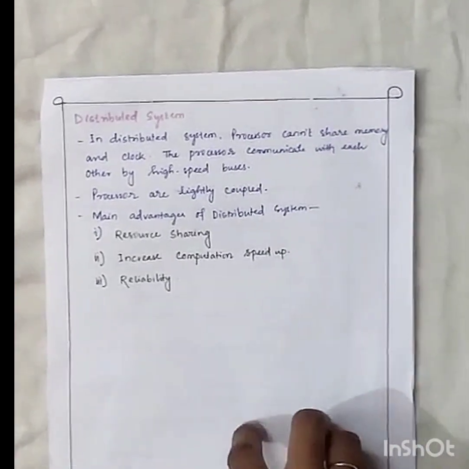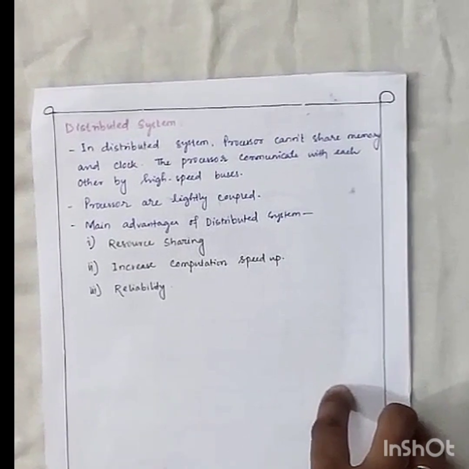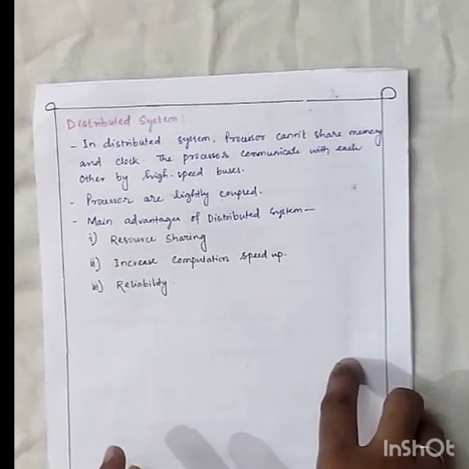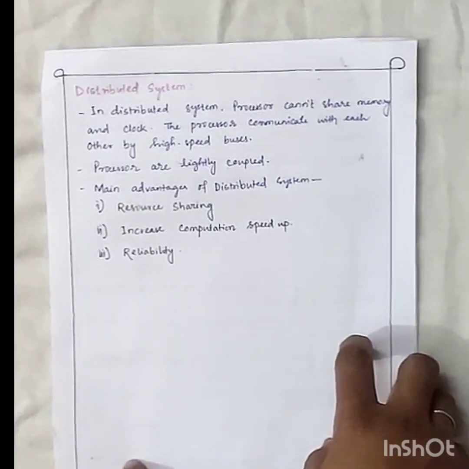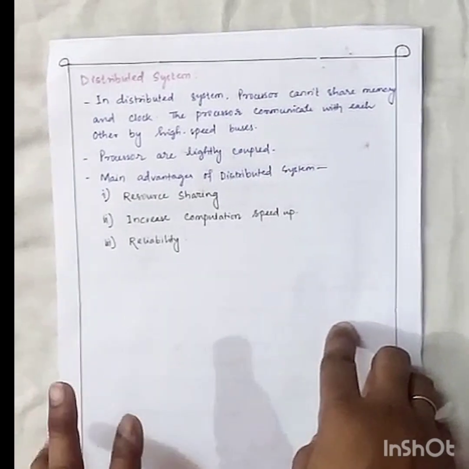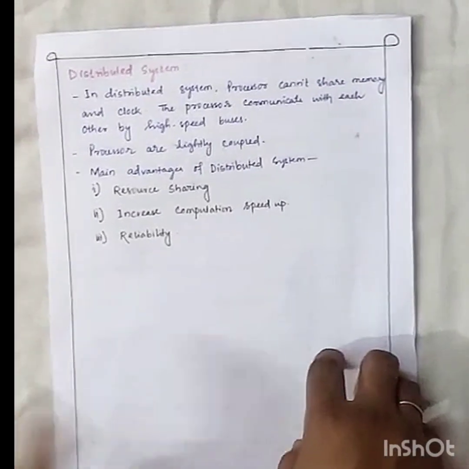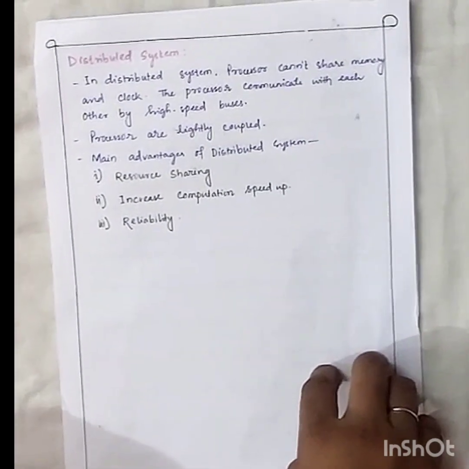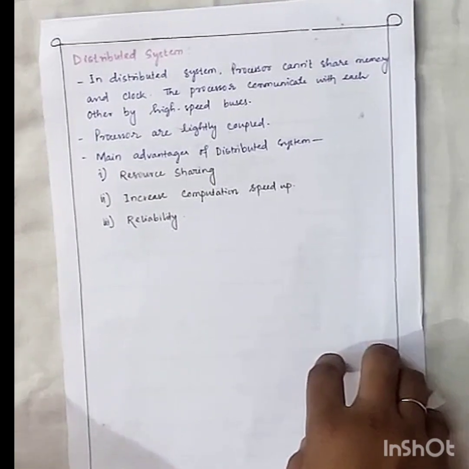Suppose in a distributed system two processors are situated at different sites. If one system has a printer and another system does not, then the system which does not have the printer can access the other side's printer. So they cannot share, but they can use it temporarily.